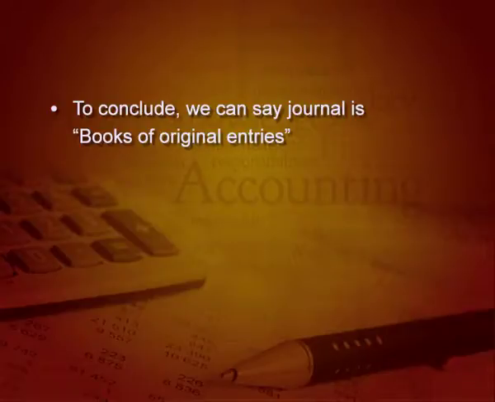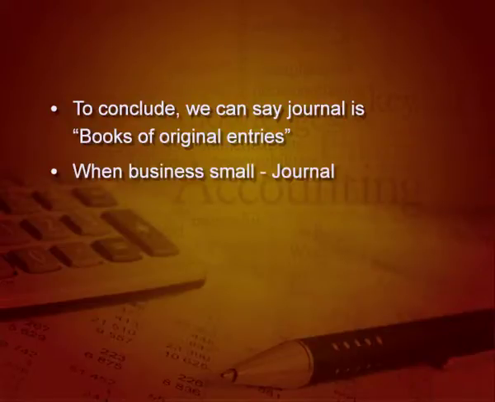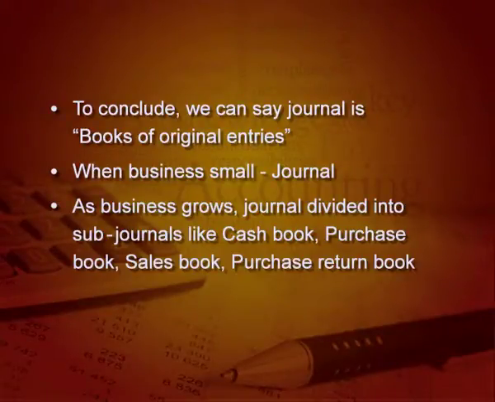So to conclude, we can say journal is the books of original entries. When business is small, we make only journal, but as the business grows in size, journal has to be divided into sub journals like cash book, purchase book, sale book, purchase return book, etc. Now, what are the advantages of journal?